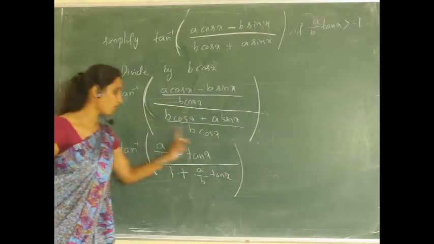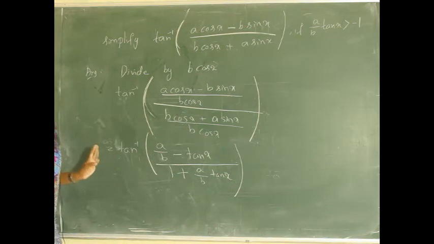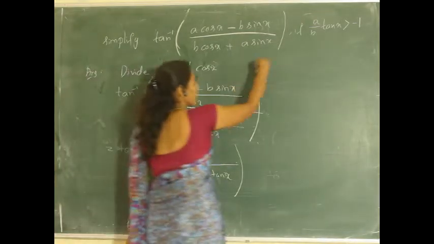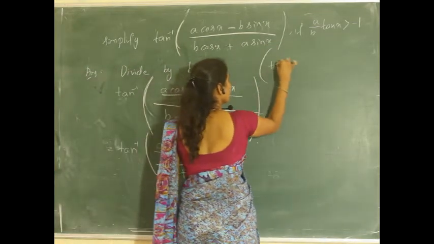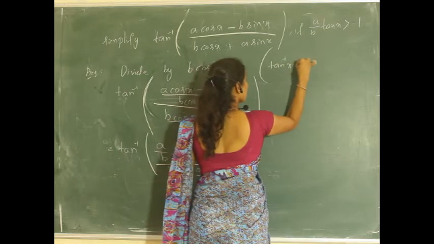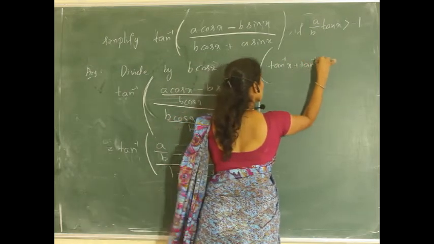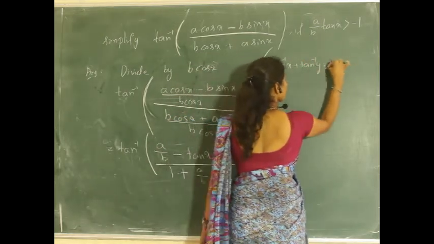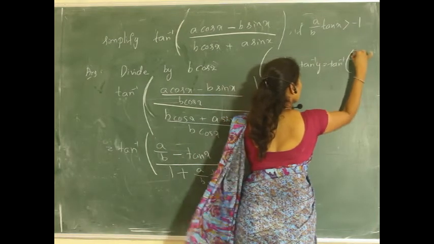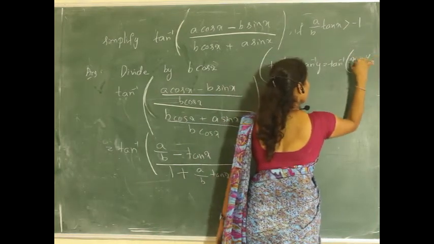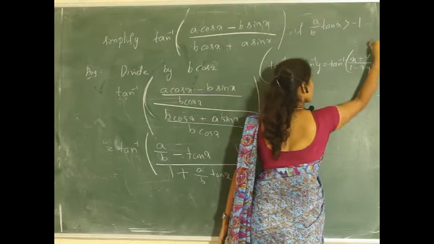Now look at this form properly. We know the formulas for tan inverse x plus tan inverse y, which is equal to tan inverse of (x plus y) divided by (1 minus xy).